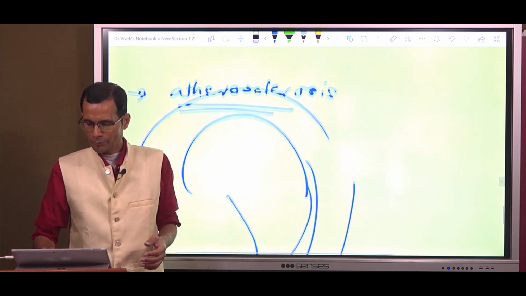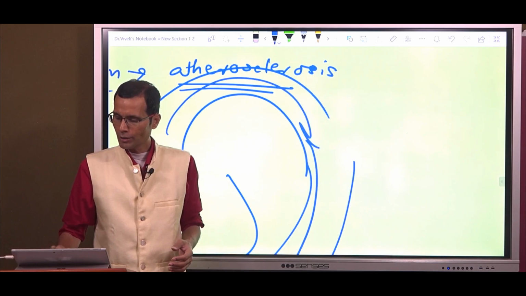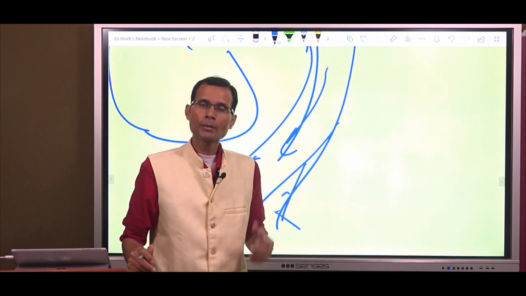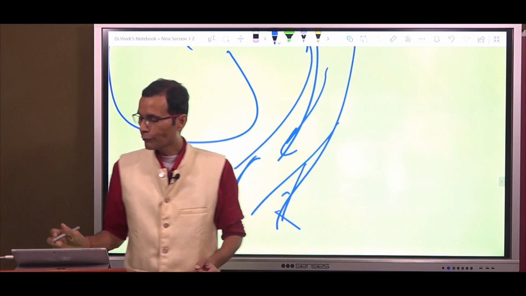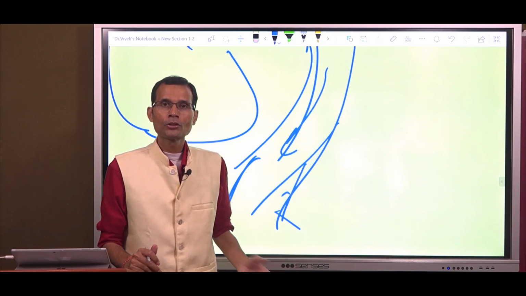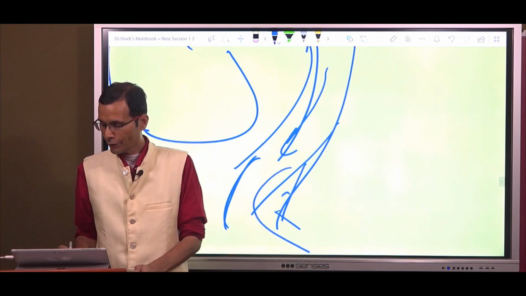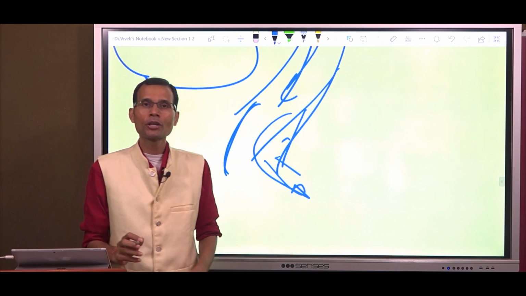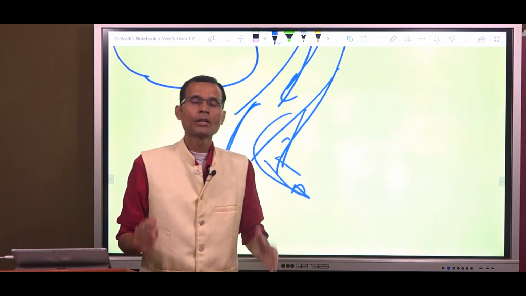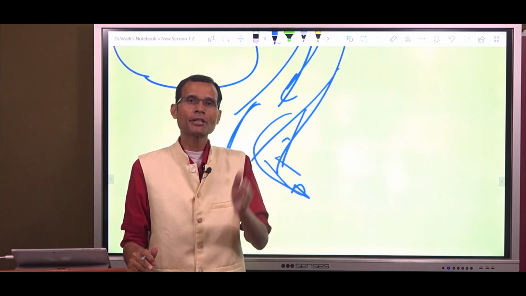That means somewhere here in the aorta, in the arch of the aorta, in the abdominal aorta, there is some kind of a problem, and therefore the pulsation is getting dampened here, slowed down here. Therefore, it reaches late in the femoral artery, and therefore the femoral pulsation gets delayed. So you get a radiofemoral delay.